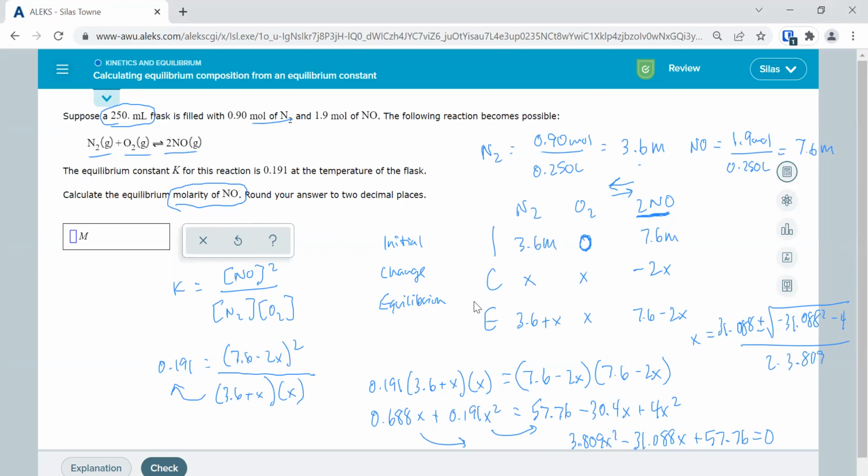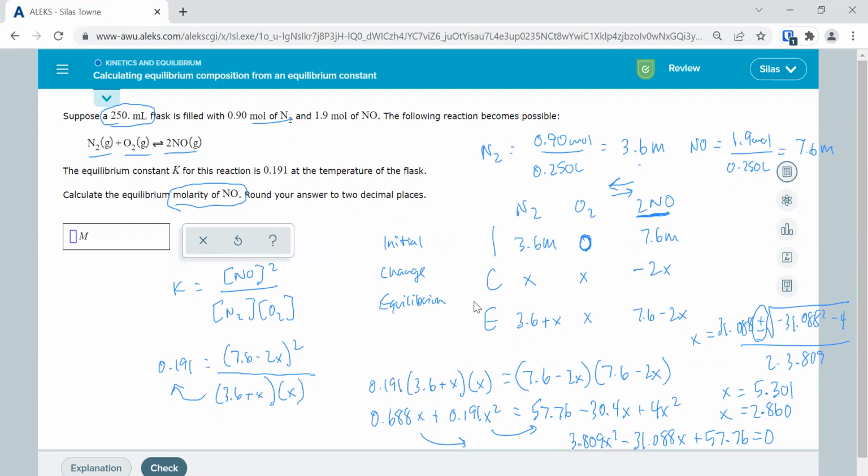I can also use a quadratic calculator on the computer, which is what I'm going to do, and just type in A, B, and C, and I get x equals 5.301 and x equals 2.860. Now what you'll see is you'll get two answers because of this plus or minus, and what we have to do is figure out which one is legitimate. One of them is, one's not.